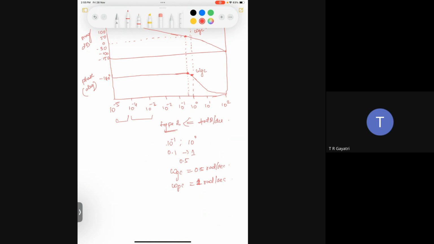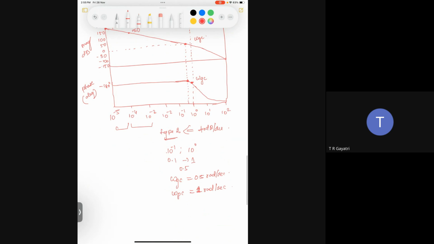I just drew it here, so it is like 1 radians per second. For now, we are taking it. This is the phase crossover frequency, and this is the gain crossover frequency. You're just investigating from the bode plot.